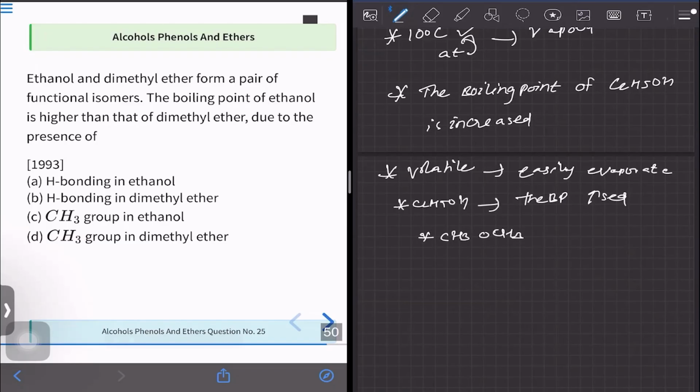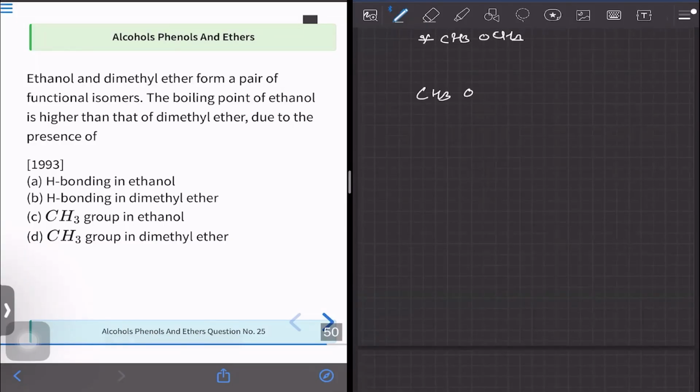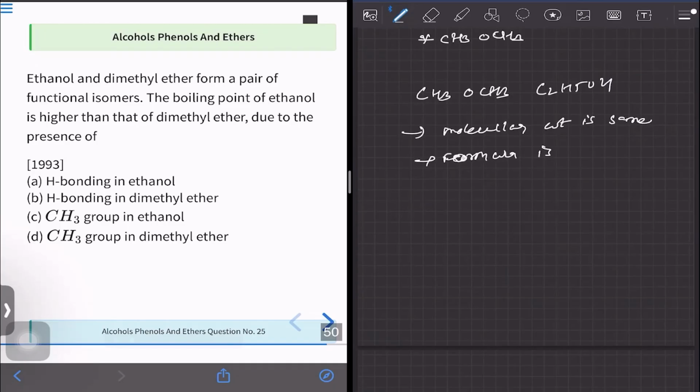Option B, hydrogen bonding in dimethyl ether. We all know dimethyl ether does not contain hydrogen bonding, so option B is incorrect. Option C, CH3 group in ethanol. Both have the same number of carbons, oxygen and hydrogen. The molecular weight is the same, the formula is the same, yet they exhibit different properties.